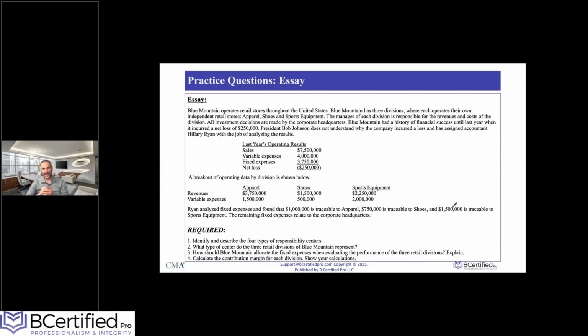You won't find the answer to these questions in the given. Even if you read the essay 100 times, you won't find the answer. These are set to test your knowledge. So let's take an example. Identify and describe the 4 types of responsibility centers. Even if you read the given 100 times, my advice, answer that on the spot.